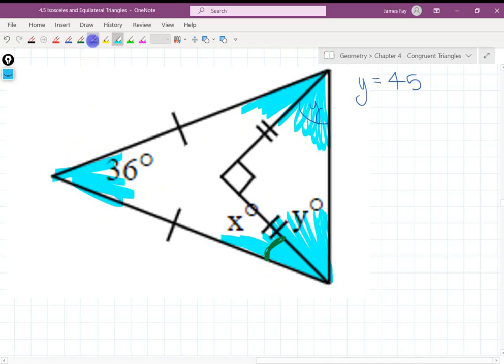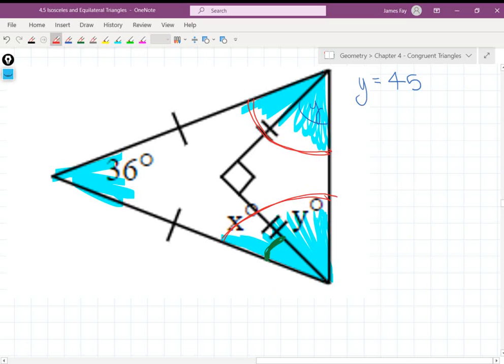Yeah. Okay, so what's 180 minus 36? 144. Okay, so you have 144 degrees left over for that angle and that angle. But what do you know about those two angles?